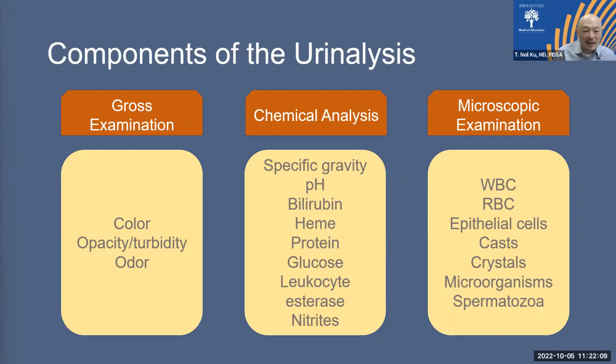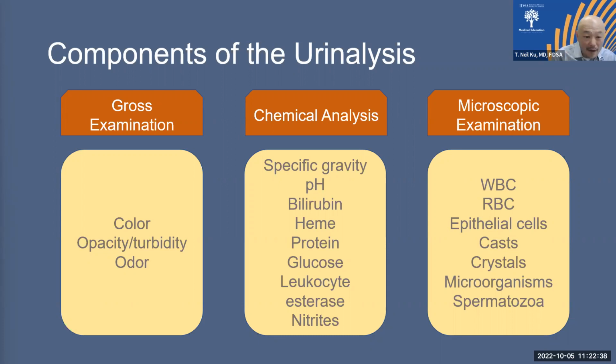So if you look at the urinalysis, it's really three main components. First there's the gross examination, which is essentially a visual, or actually more of an older, description of the urine itself. What color is it? Is it dark? Is it yellow? Is it red? Is it black, depending on certain conditions?